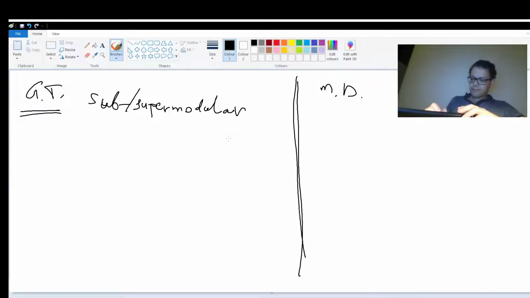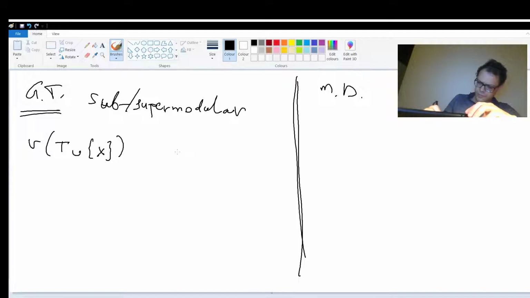and here it means that if I, for example, look at the value of a given coalition T united with the singleton made of agent X, and I compare the value we have to the value of the coalition T alone, is this growth because of X going to be larger or equal?